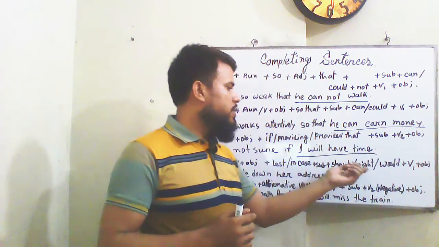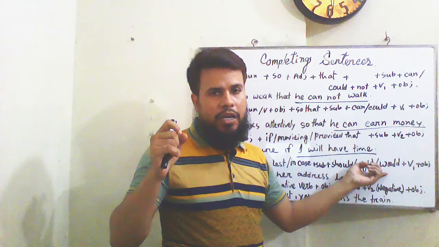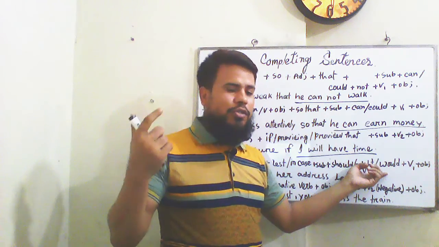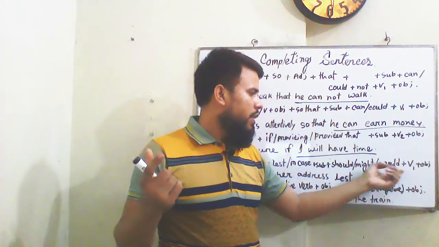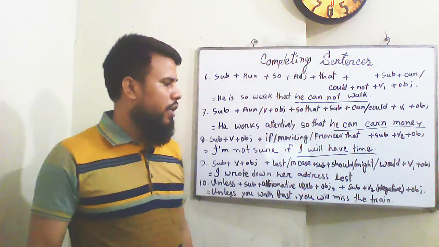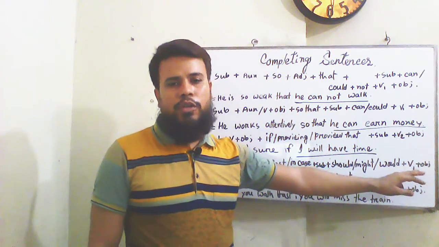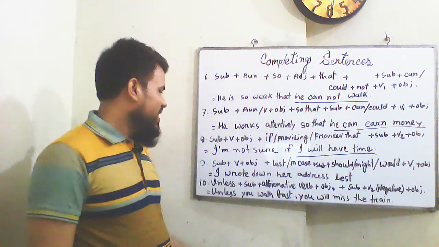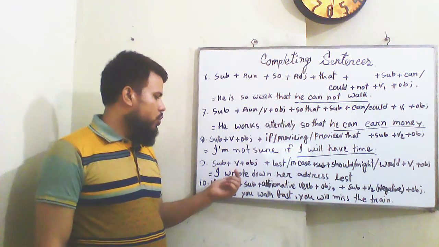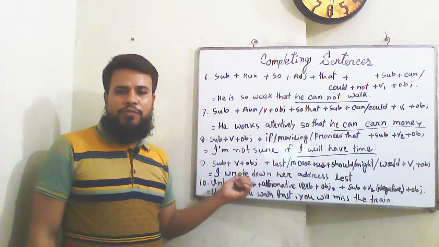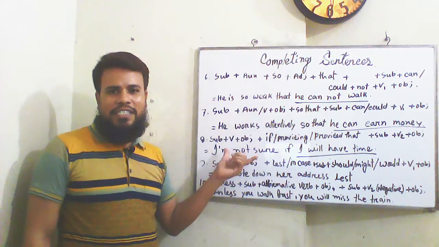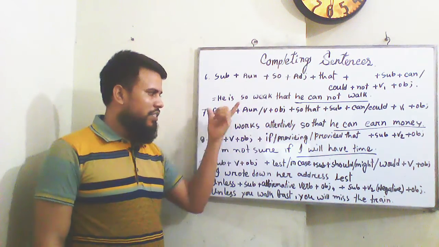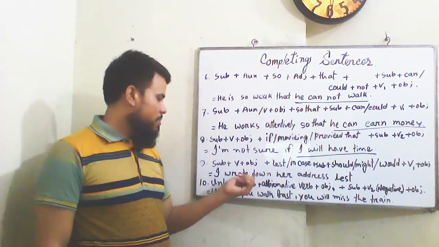If a situation demands any modal, you may use such a type of modal. And then verb 1, then object. We know that after a modal we have to use verb 1. Here, verb 1. Subject I wrote. I have used the first form here because in previous sentences I have used the present form, so here I have used the first form.